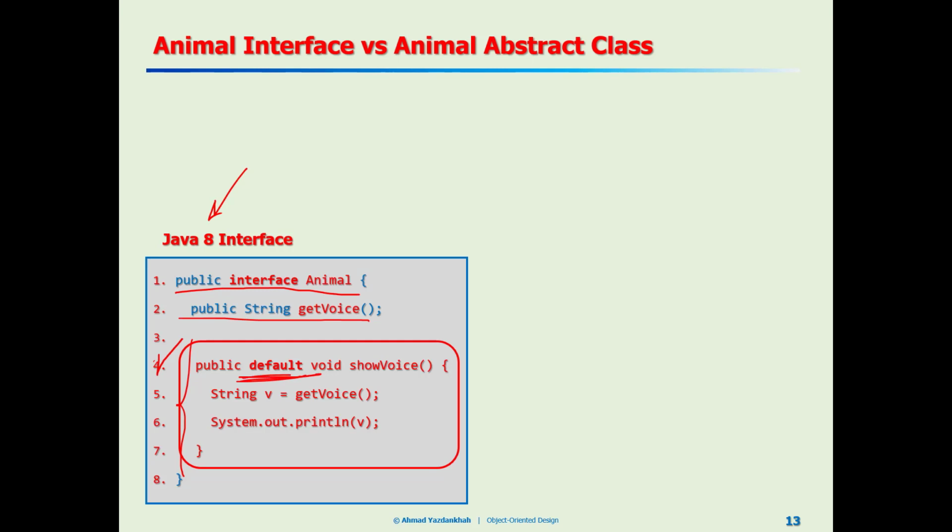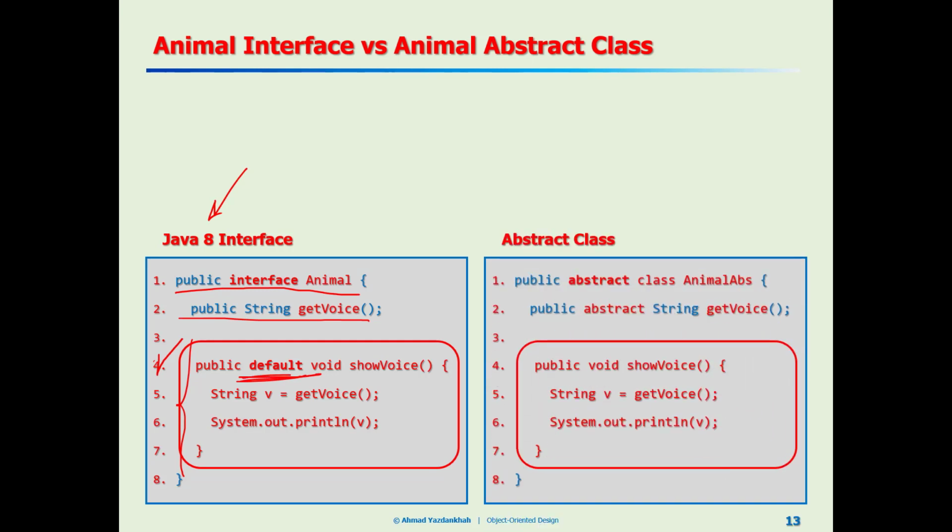The same solution with the abstract class looks like this. We have the same implemented method here, and the same abstract method here, but instead of the interface, we have an abstract class. So an abstract class can contain abstract methods and also concrete or implemented methods.